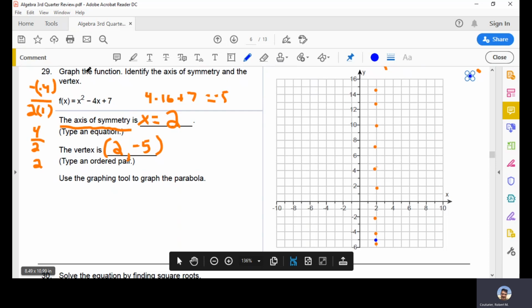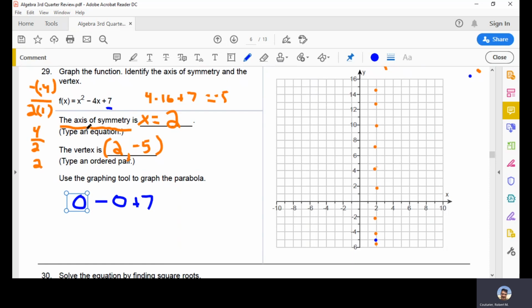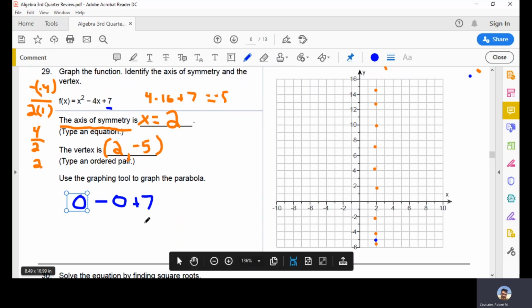So if we plug in a 0, well, the first term goes away, becomes 0. The second term goes away and becomes a 0. And then we have a plus 7. So we always said c is your y-intercept. Whenever you plug in the zeros, it makes all that go away. So x is 0, the y-coordinate will be 7. So you go 0, positive 7. And then you can go 1, 2.